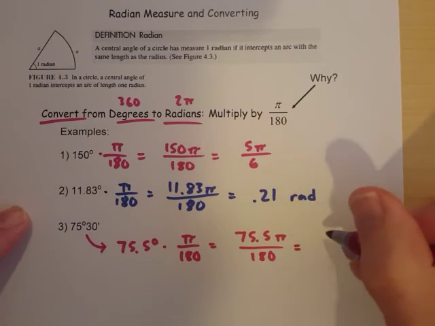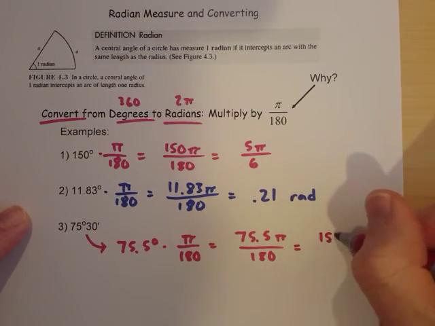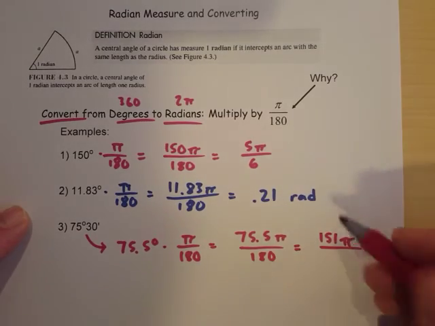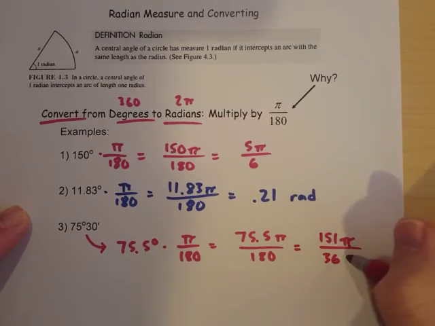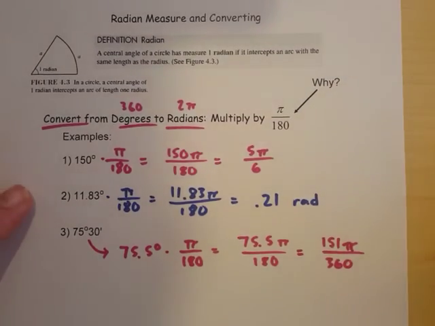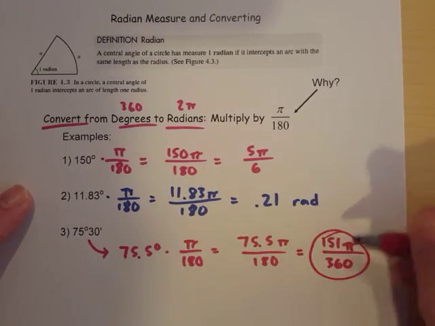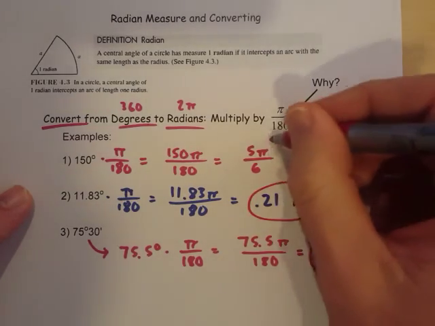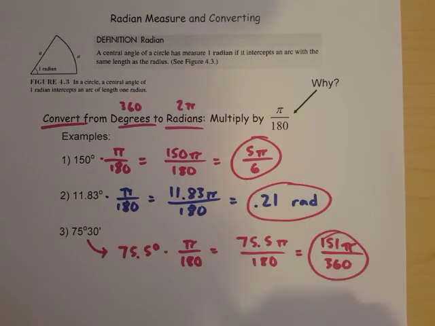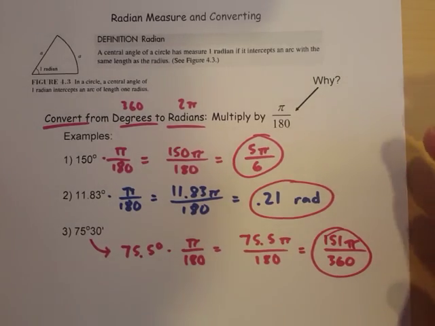So 75.5 times 2 is 151, and we'll leave the pi. And then 180 times 2 is 360. So we've got 151 pi over 360. Now that's really not a very typical angle that we'll see, so don't worry about that one too much. It's just what happens to come out at the end of this one. Number 1 is our most typical example when we're talking converting from degrees to radians.